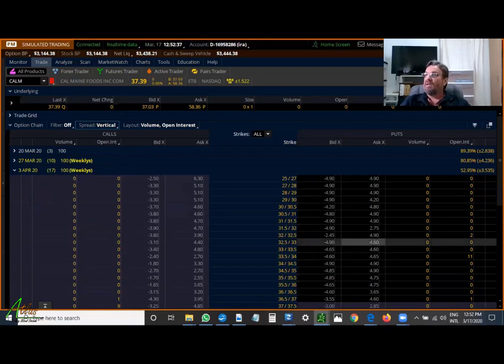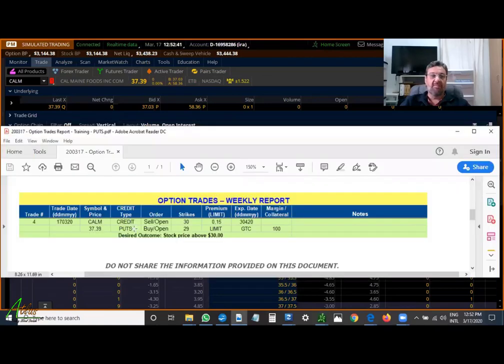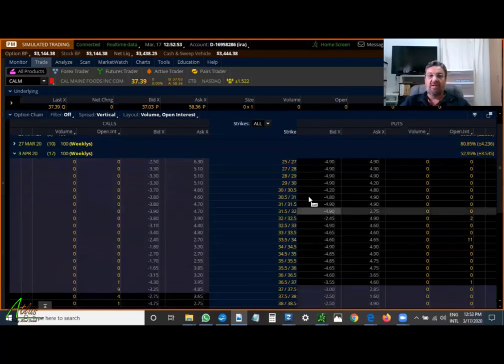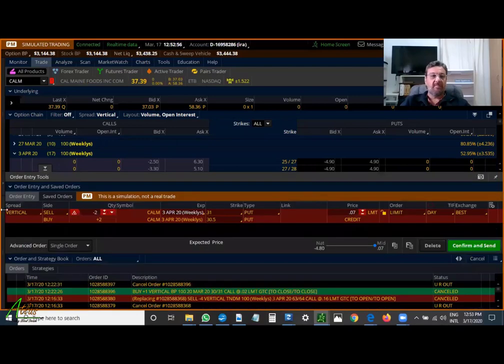According to this report, this is a put, and not only that, it says that I'm going to sell at $30 and buy $29. I'm going to sell at $30, somewhere here. Remember, first sell and then buy. I'm going to put only one contract. And this is CALM, April the 3rd.